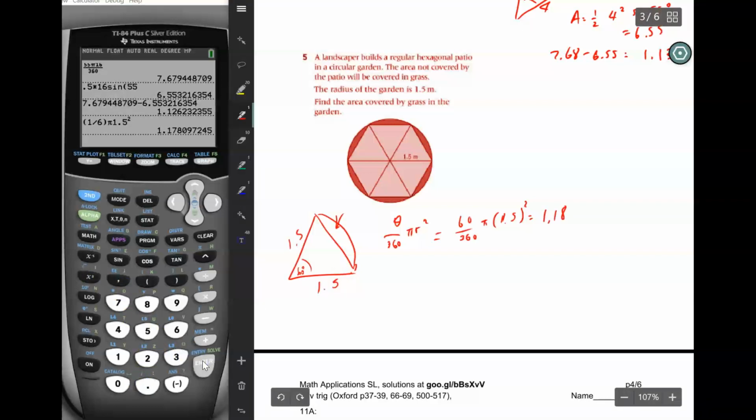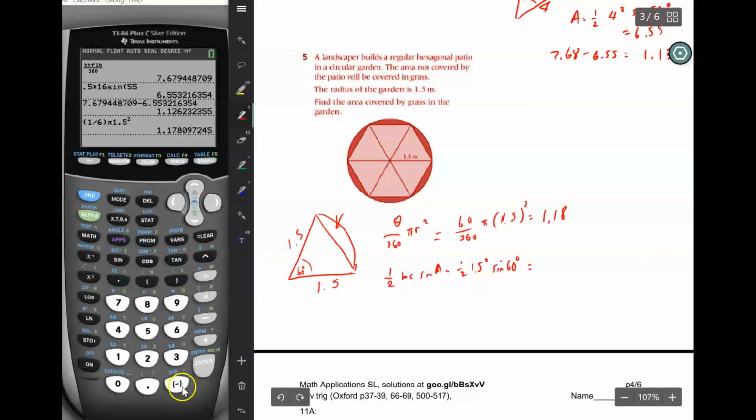And then the triangle part of the pizza I can find with the area of a non-right triangle formula, which is 1/2 bc sine A. So that would be 1/2 times 1.5 times 1.5 times the sine of 60 degrees.